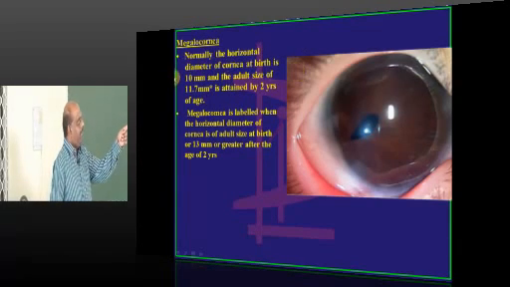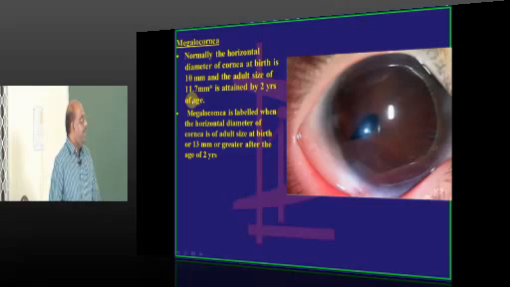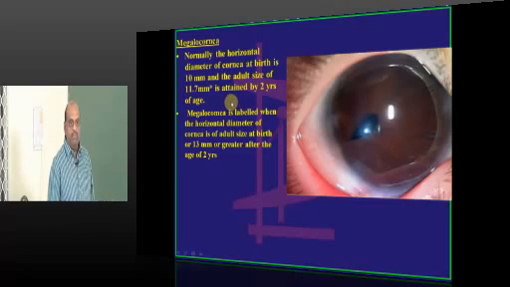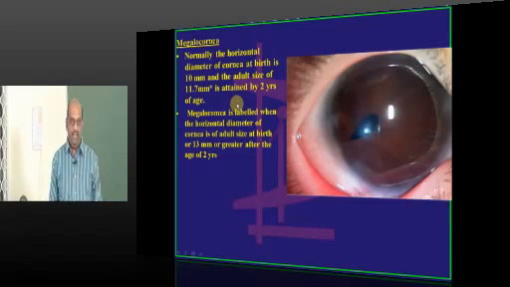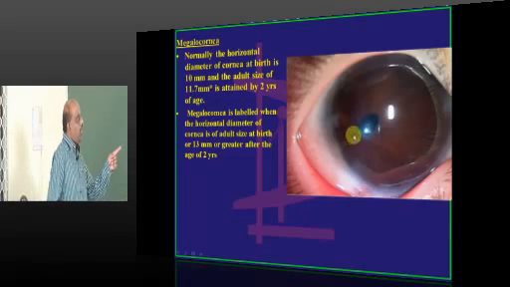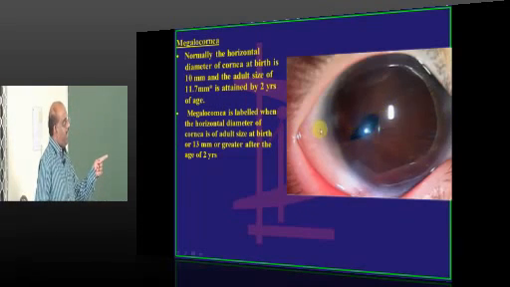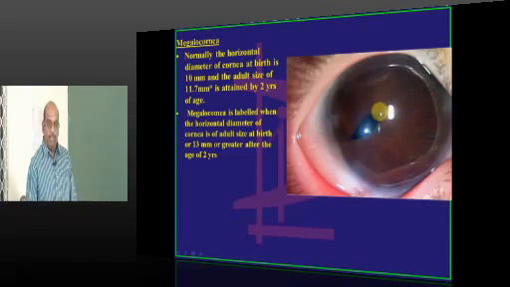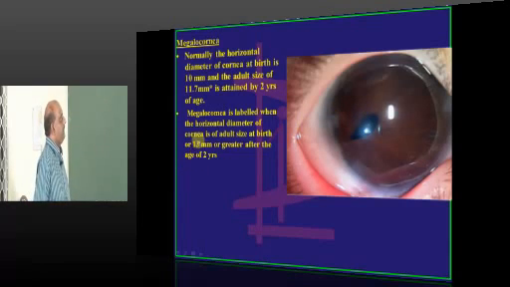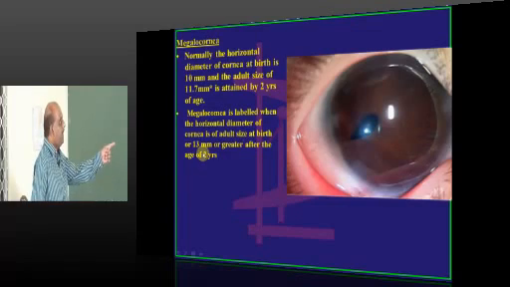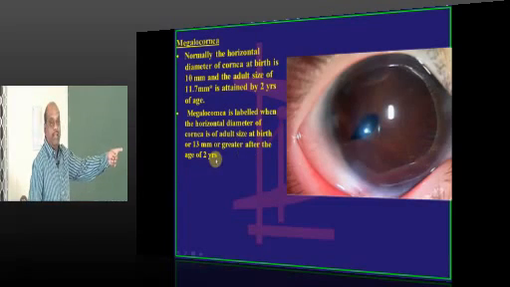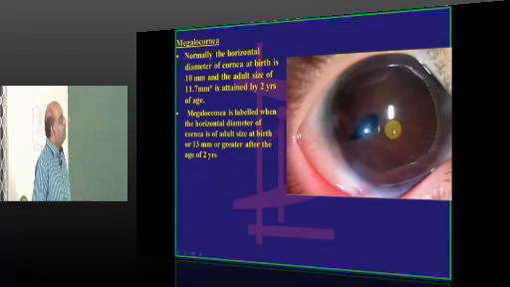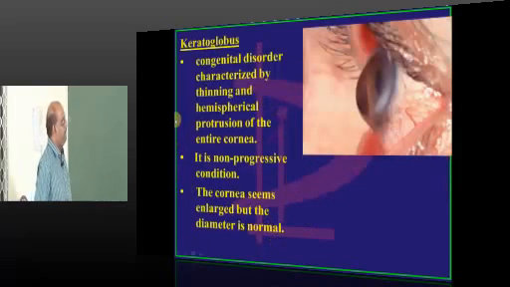Normally horizontal diameter at birth is 10 mm. Adult size is 11.7 mm, which is achieved by 2 years of age. Megalocornea is labeled when the horizontal diameter at birth is of adult size, or if it is more than 13 mm after the age of 2 years, then you basically call it megalocornea.